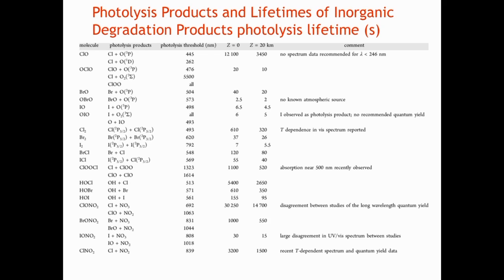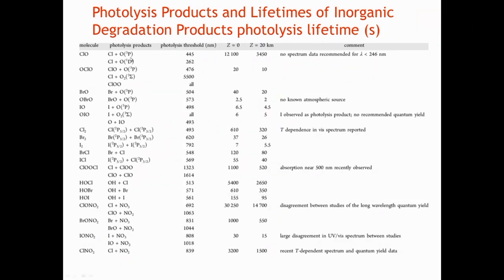And you can see that they've calculated here the photolysis thresholds and the lifetimes at Z equals 0, so that's the ground, and at Z equals 20 kilometres, so that's just above the tropopause, in the stratosphere.